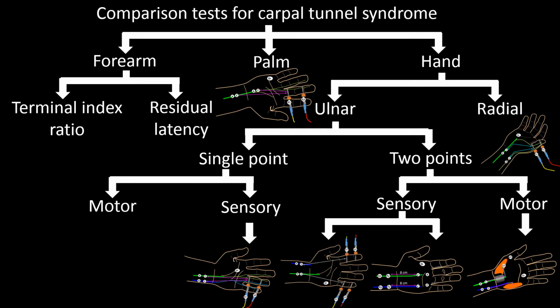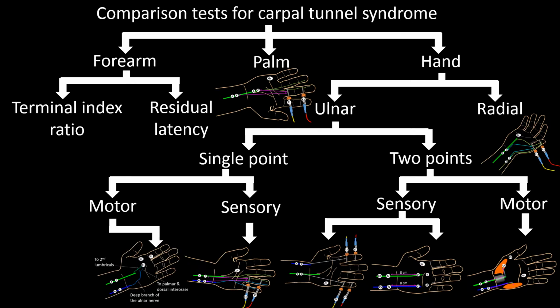Single point motor ulnar and median nerves comparison can also be done. This is done by recording from the palm between the second and the third metacarpals, taking advantage of the fact that the second lumbrical is innervated by the median nerve and the palmar and dorsal interossei are innervated by the ulnar nerve.